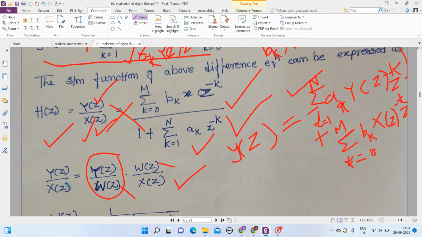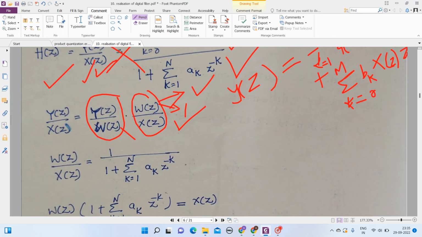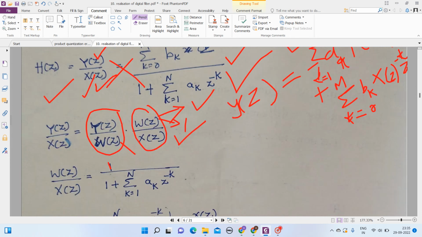This is one transfer function, y of z divided by w of z, and another one is w of z divided by x of z. Here we will assign the w of z value as 1. First I will take this function, w of z divided by x of z. I have taken w of z value as 1 divided by the remaining equation.